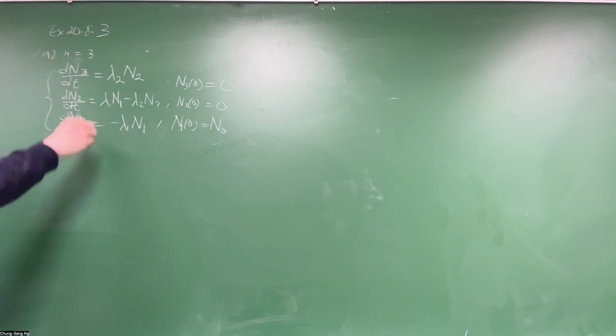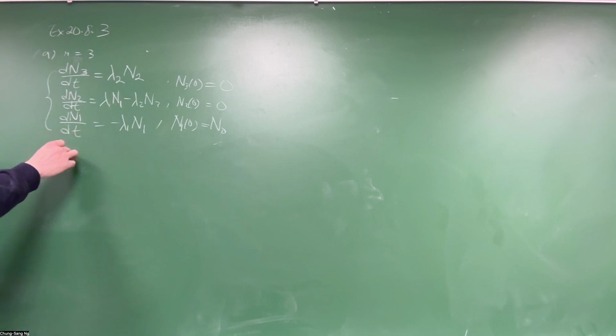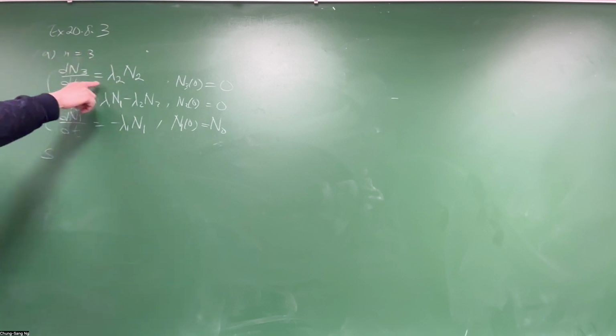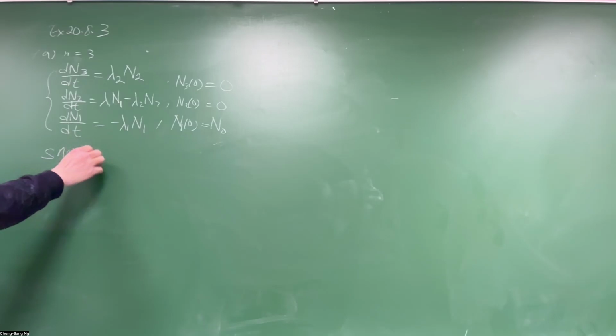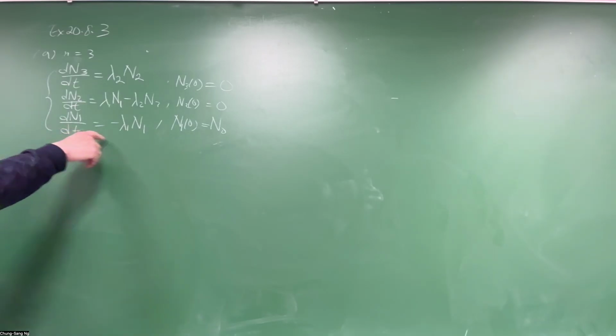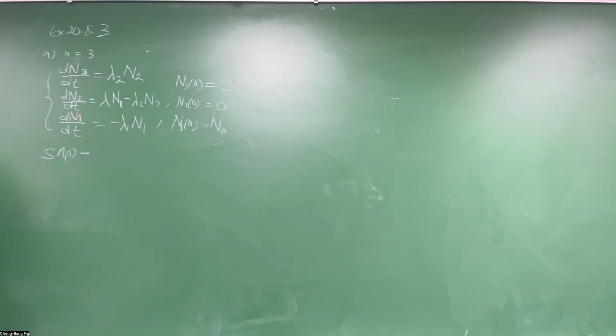We already use the n, so little n. Usually we change the little n. Well, that's fine because this is just indicating any number. So you already fixed n equals to 3. That's fine. So n for the Laplace transform should be n sub 1 as a function of s. Right? And minus n, the initial condition, right?